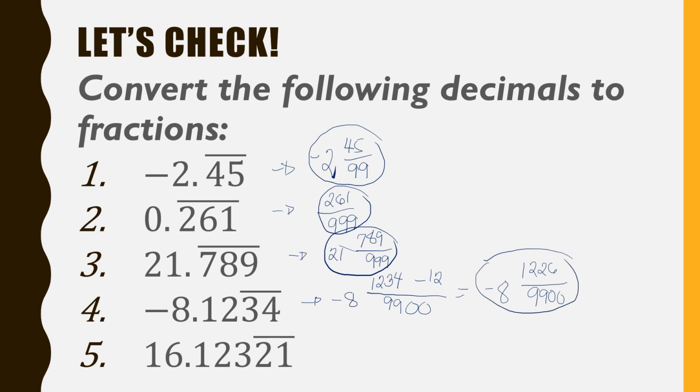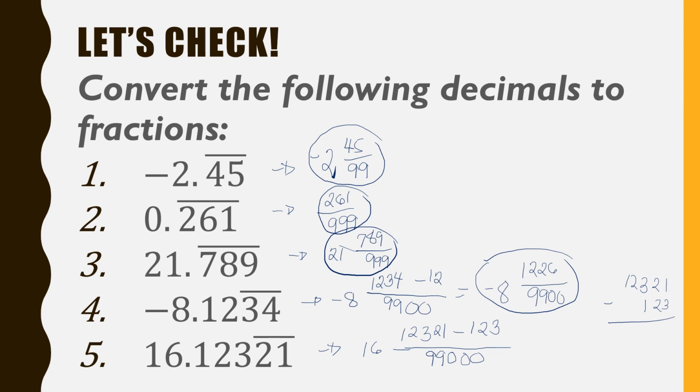Next, number 5. So we have 16 and then 1, 2, 3, 2, 1 minus 1, 2, 3. There are 2 repeating digits, so we have 9, 9, and then 3 non-repeating digits, so we have 3 zeros. So we subtract 12321 minus 123.